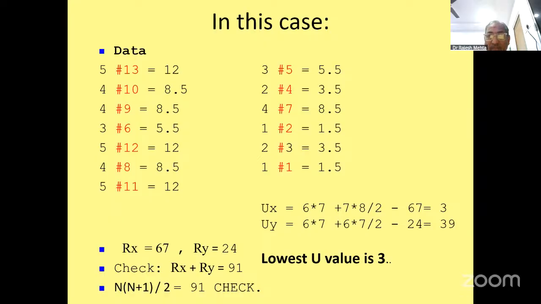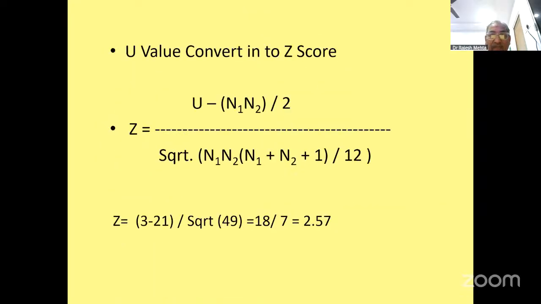And now let's see further. U is converted into Z. And here the Z score was 2.57. Now, can you tell me if Z is more than 2, is the probability more than 0.05 or less than 0.05? At least write in the chat.